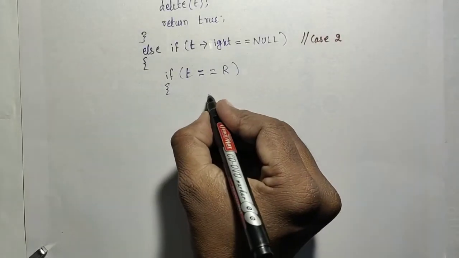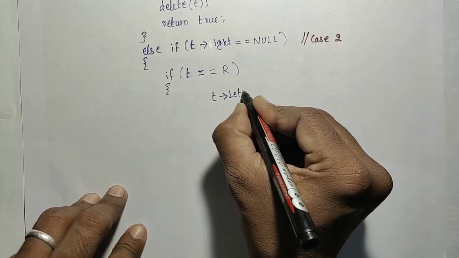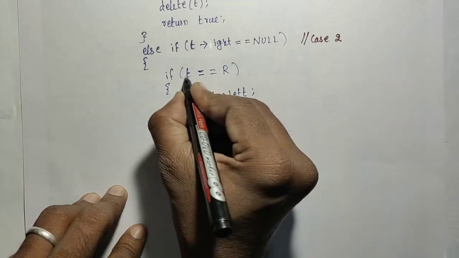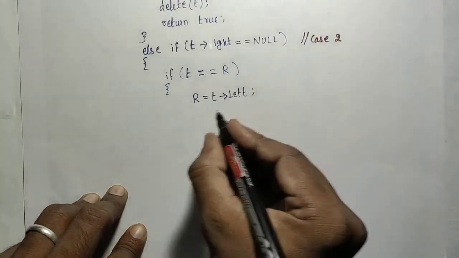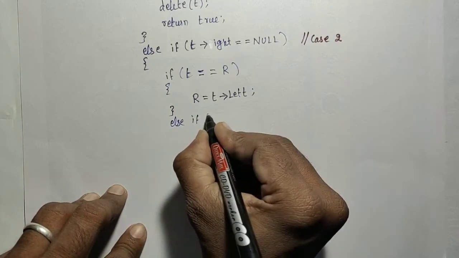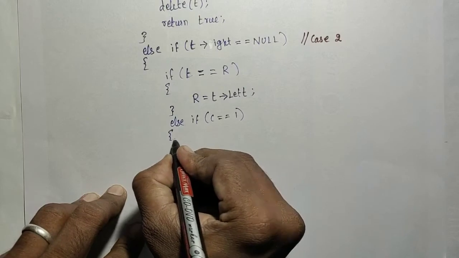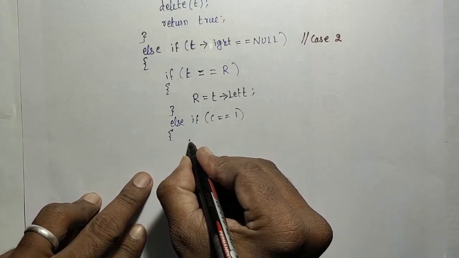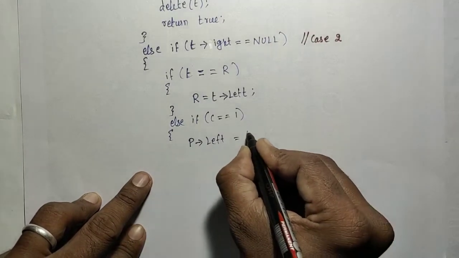Here I have to copy the t of left to its parent or root. If t is a root, then root is updated with t of left. Else if c equal to 1, c equal to 1 means the t is a left of the p, so p of left equal to t of left.